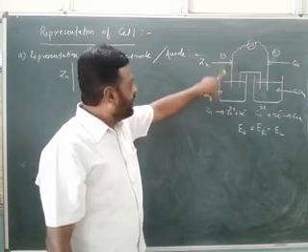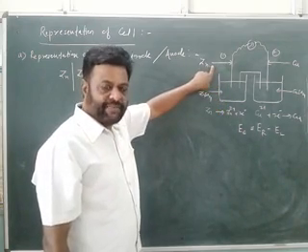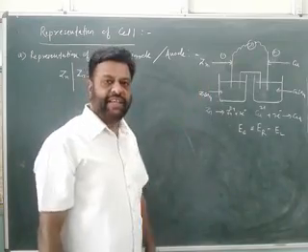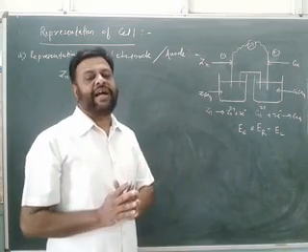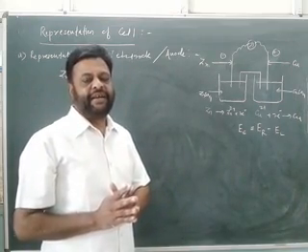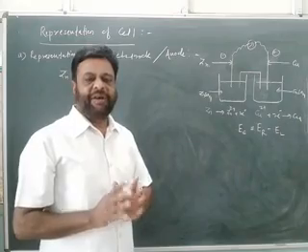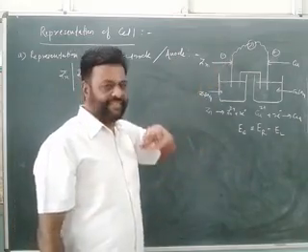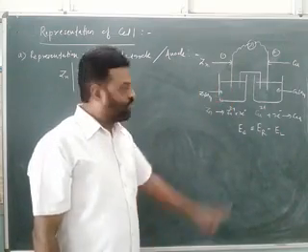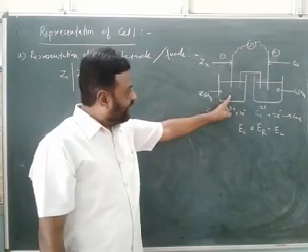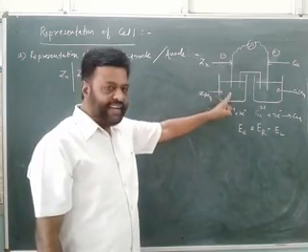So Zn is the solid phase and zinc sulfate is the liquid phase. Whenever we represent the negative electrode or the anode, first we write the solid phase, then we write the liquid phase.